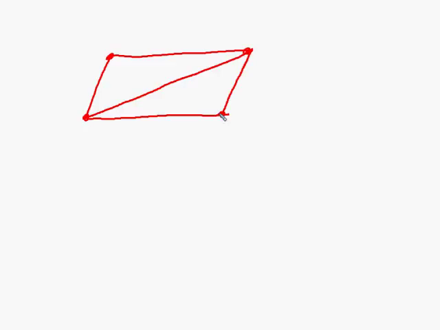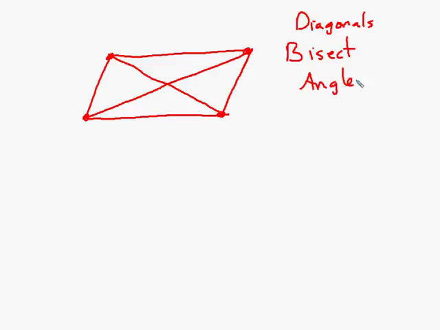And I have 2 diagonals in this parallelogram. What if I said to you those diagonals bisect each other? It would be radical. And it sets us up for some algebra. The diagonals bisect each other.